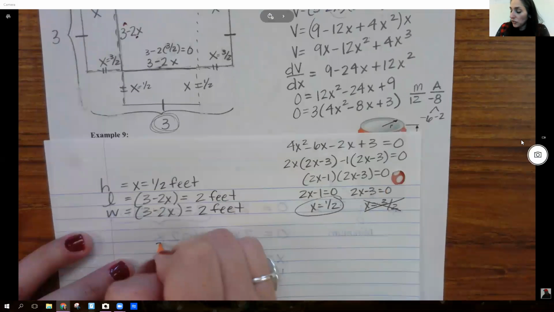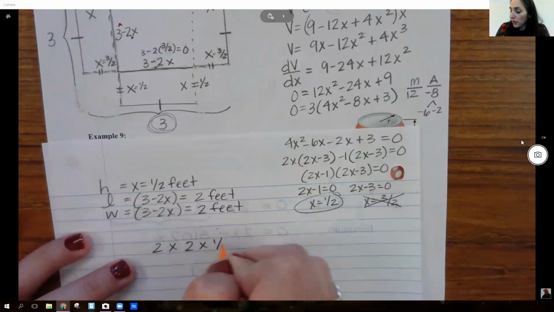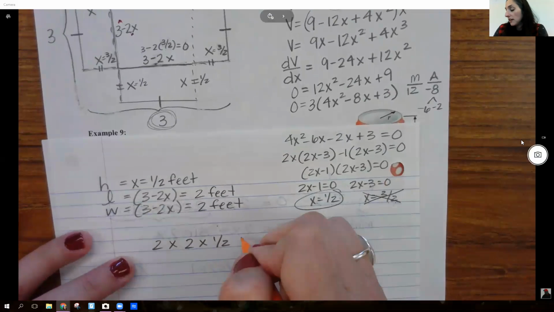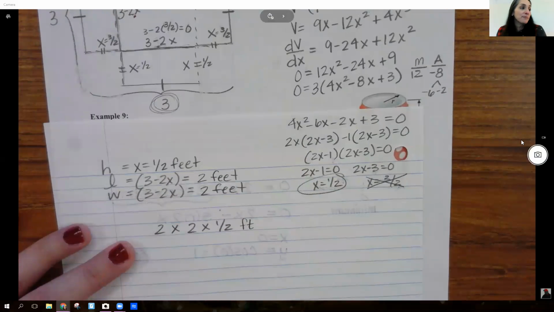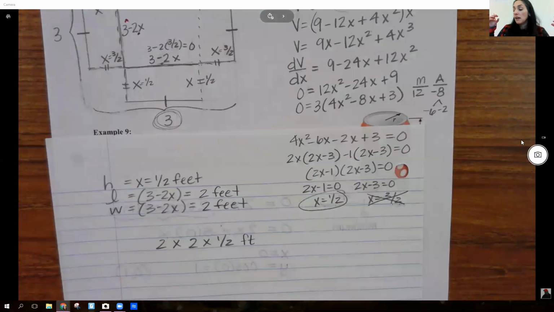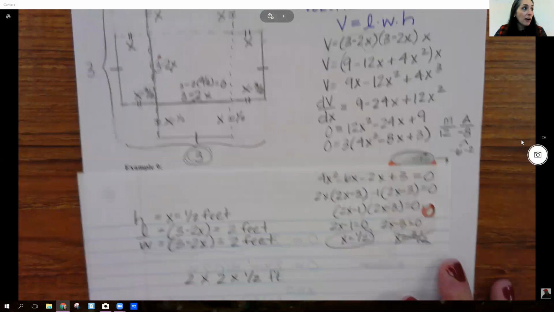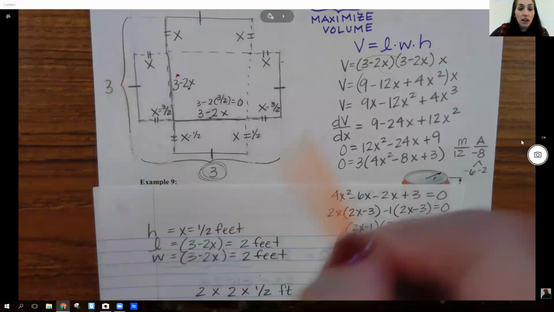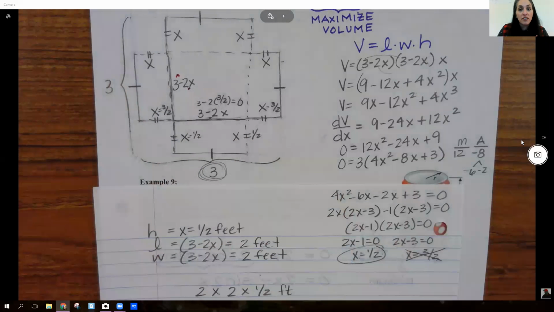So you would have a 2 by 2 by 1/2 foot box. And that would be the optimum volume that you could create out of a piece of cardboard that was 3 feet by 3 feet. Okay. This is huge for engineering, definitely. Actually, for business also.